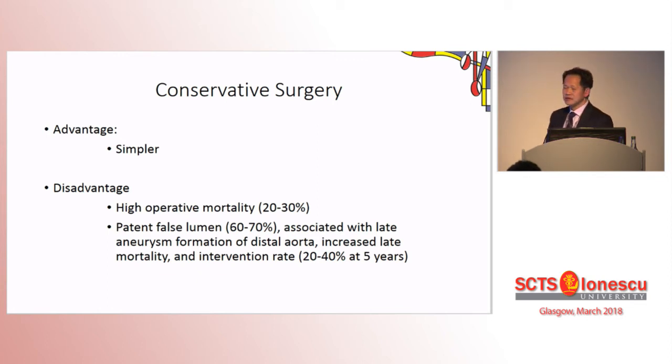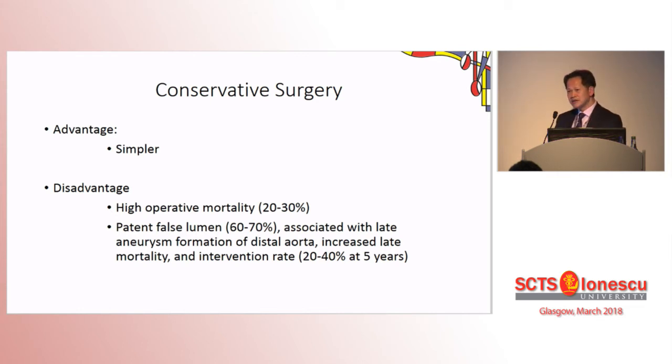And of the patients that survive, 60 to 70% of them, irrespective of how you do it, closed anastomosis, which you've sometimes heard me argue about, open anastomosis, hemi-arch, total arch, will come back with a patent false lumen. And a significant number of these patients will go on and develop aneurysmal formation of the descending thoracic aorta.